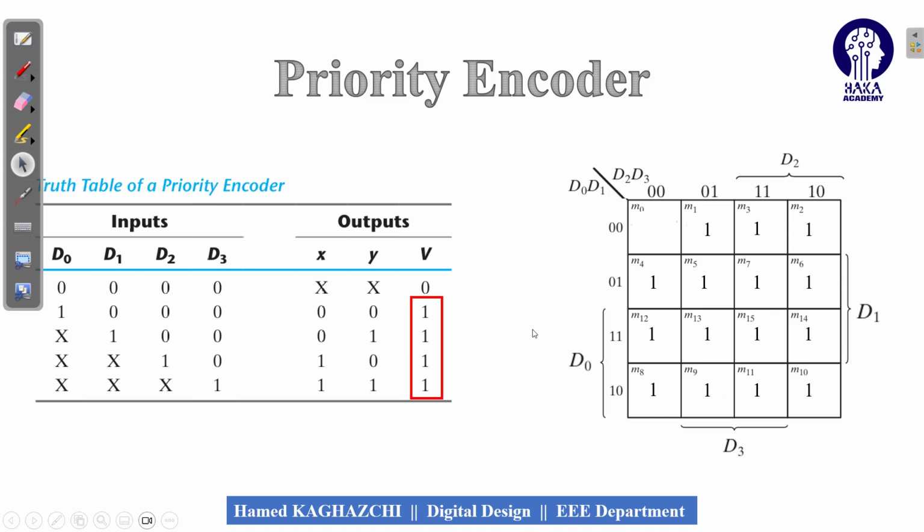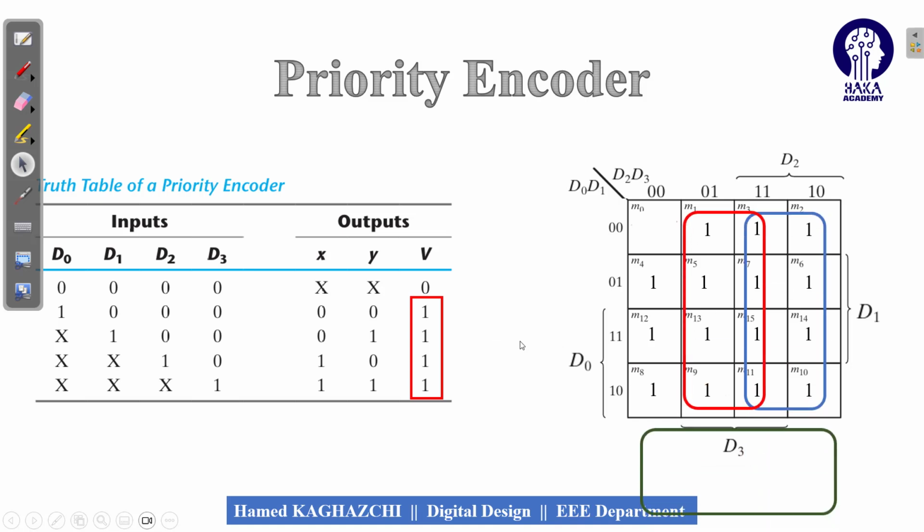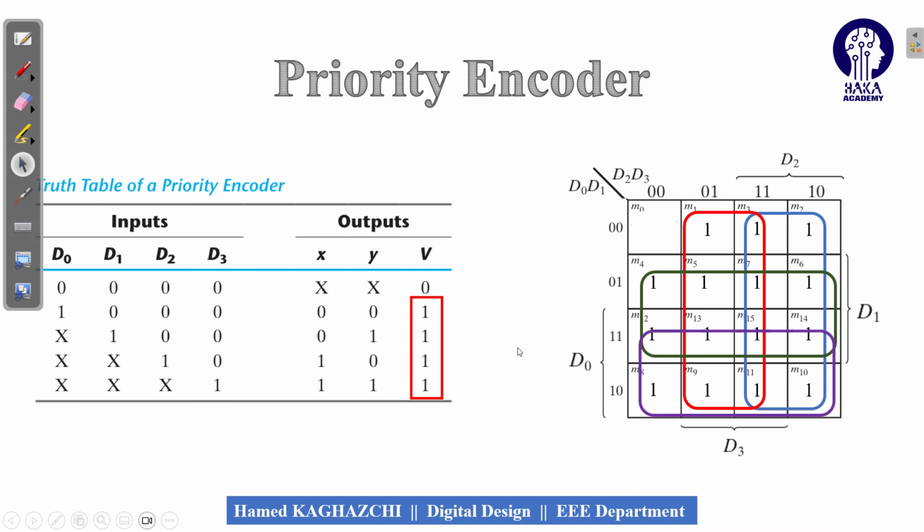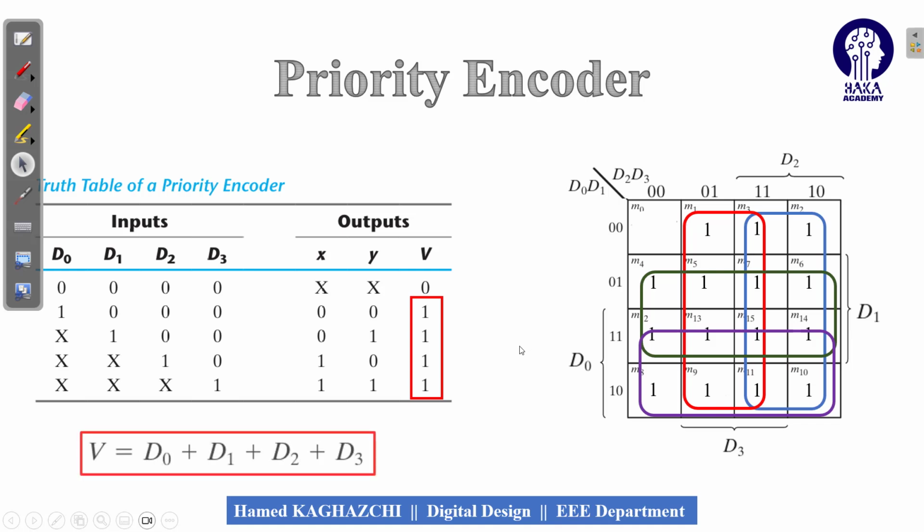Now we have to find the grouping of the ones. This 8 ones, this 8 ones, this 8 ones, and these 8 ones produce the 4 groups. At the end, I can say that v is equal to D0 plus D1 plus D2 plus D3.